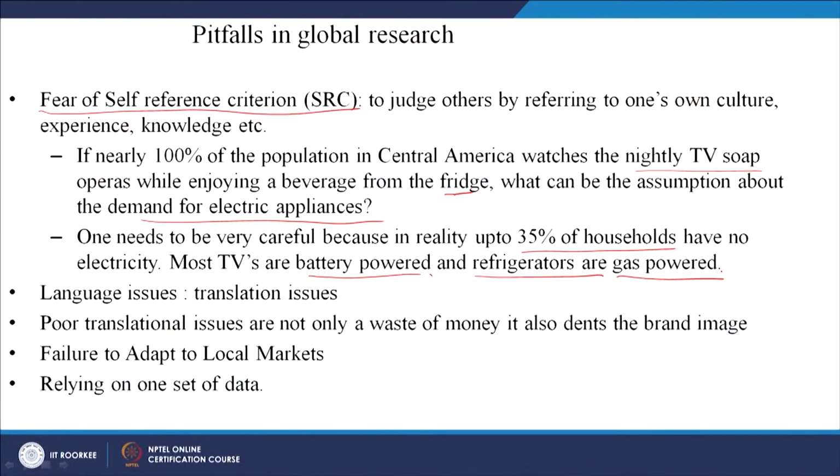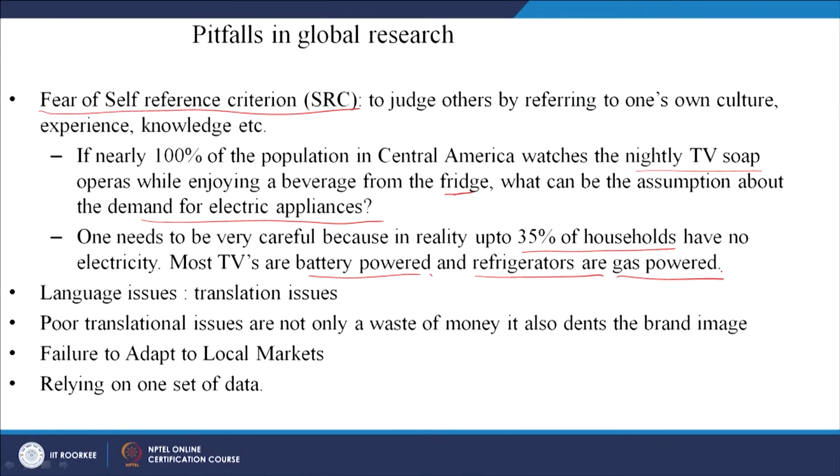There could be several issues when you talk about global research, for example, language issues. What language are you using? How do you translate from one language to the other? Generally, we tend to translate a statement or sentence that we are thinking in our mother tongue into another language.